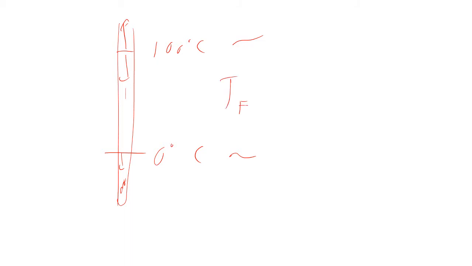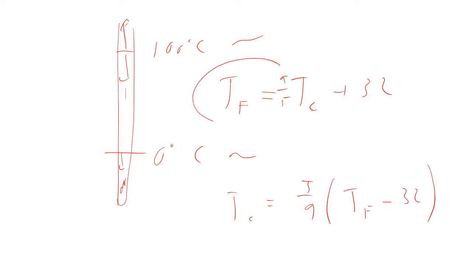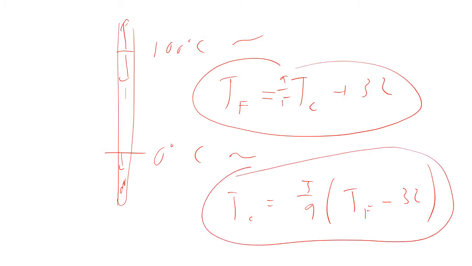Between Fahrenheit and Celsius, you take the Celsius temperature and multiply by 9/5 and add 32. If you want to find the Celsius temperature, you take 5/9 of the Fahrenheit temperature minus 32. Those are two easy relations that help you convert between the two.